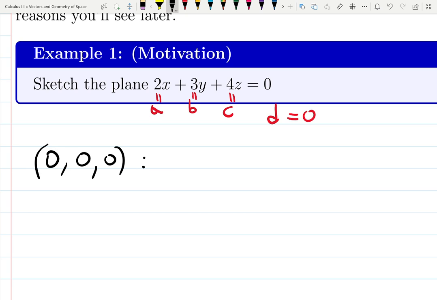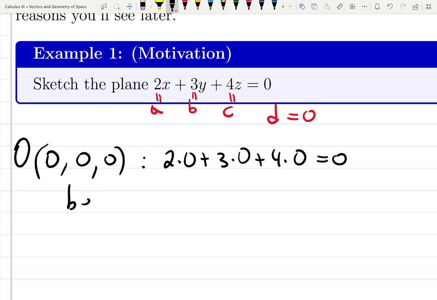So 2 times 0 plus 3 times 0 plus 4 times 0 is 0. Thus, this point O, which is the center, the 0, 0, 0 point, belongs to this plane.